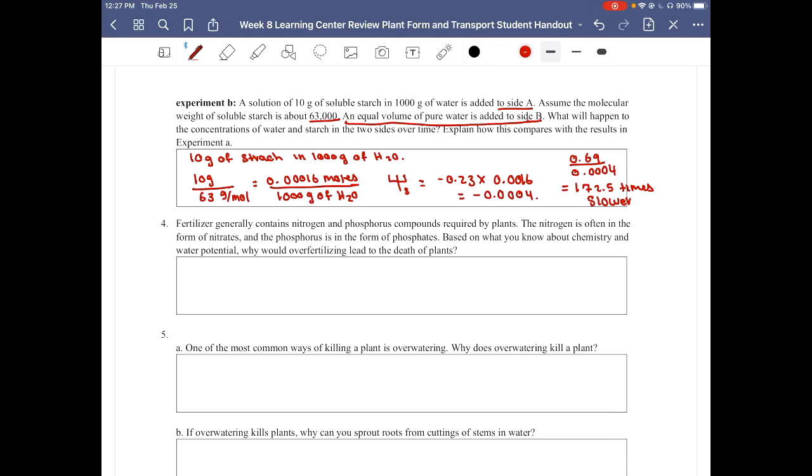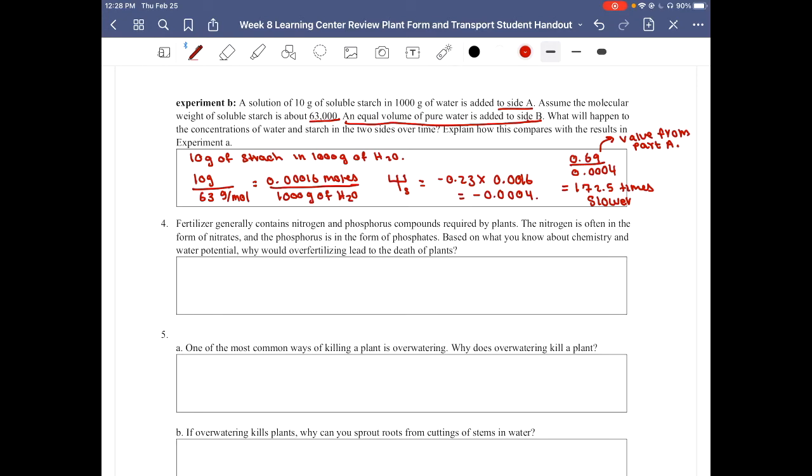Did that make sense? Or any questions regarding this problem or the last thing I said? Question asks, is this because the molecular weight is larger in starch?